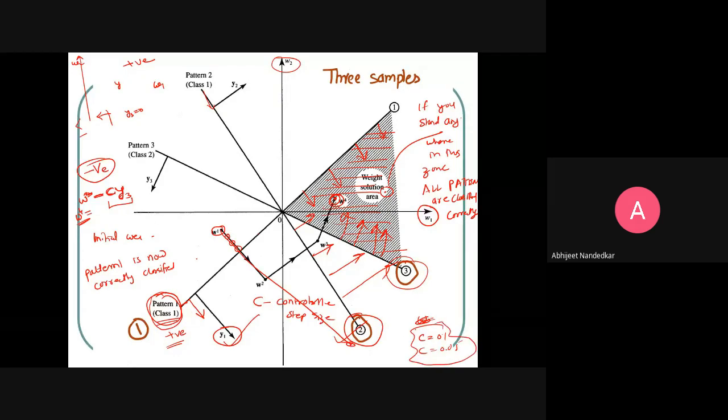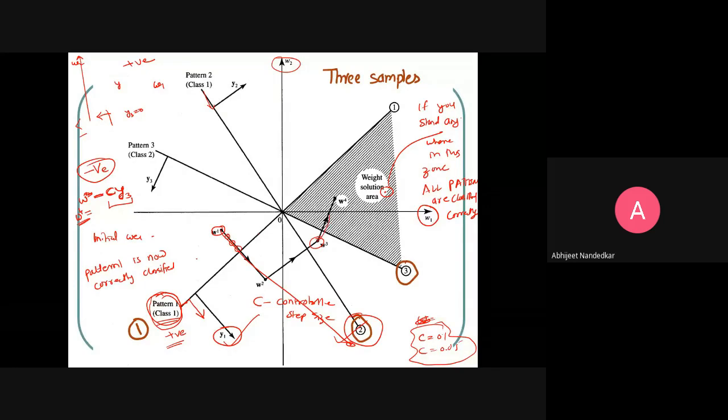So don't put a big value of C, otherwise you may jump. For example, you are now at this position and you have been presented pattern 3, and you keep your C value very large.